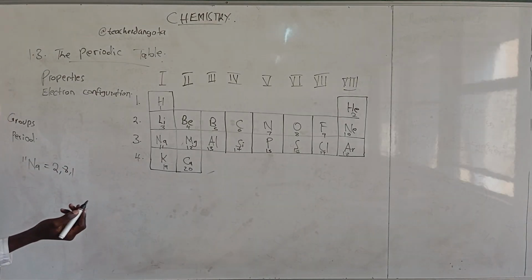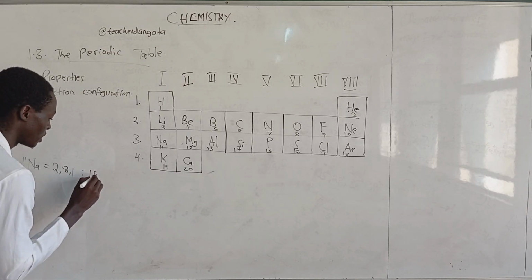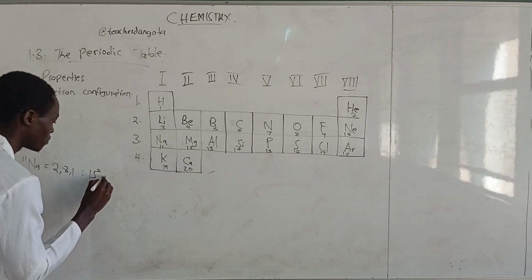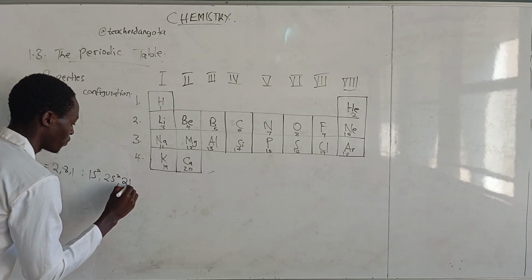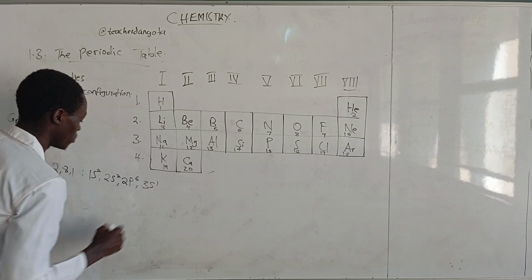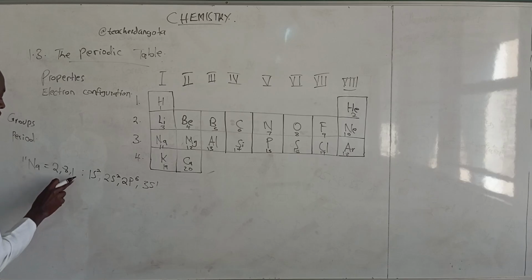When you put it in terms of orbitals, it will be 1s2, then we have 2s2, 2p6, then you have 3s1. That is for sodium. So this sodium has 2 electrons in the first energy level, 8 electrons in the second energy level, and 1 electron in its outermost energy level.